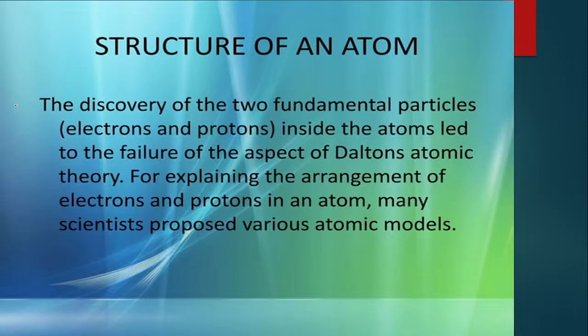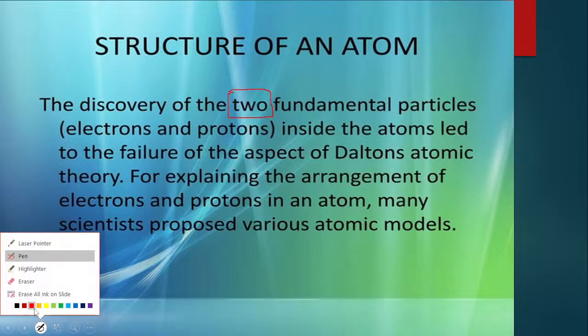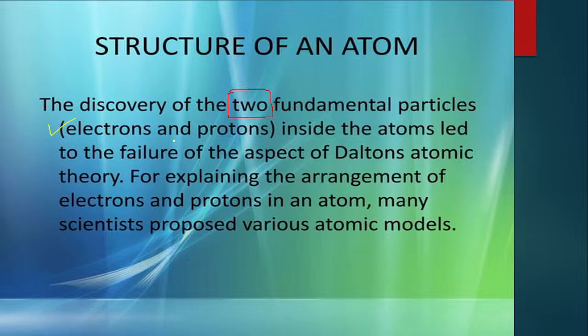If I'm talking about the discovery of two fundamental particles, what are these two fundamental particles? One is the electron and another is the proton. This led to the failure of an aspect of Dalton's atomic theory. What does Dalton's atomic theory say?